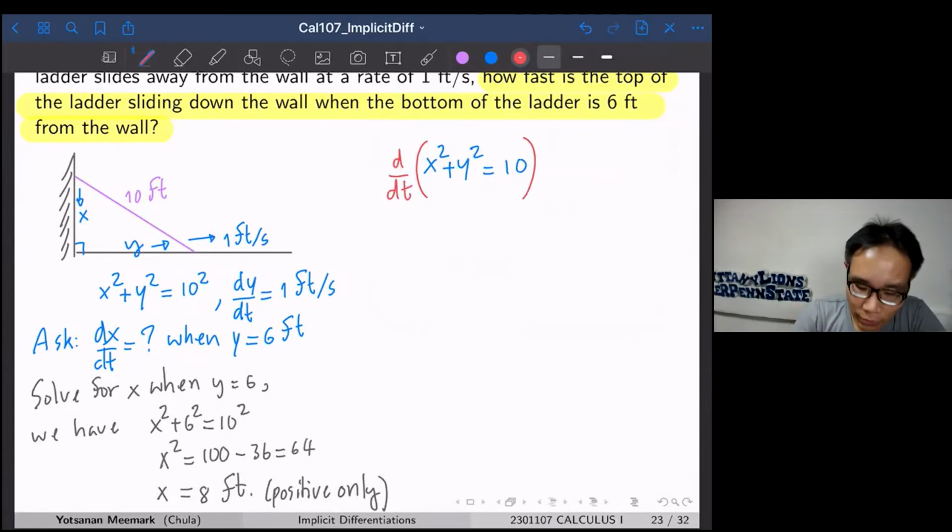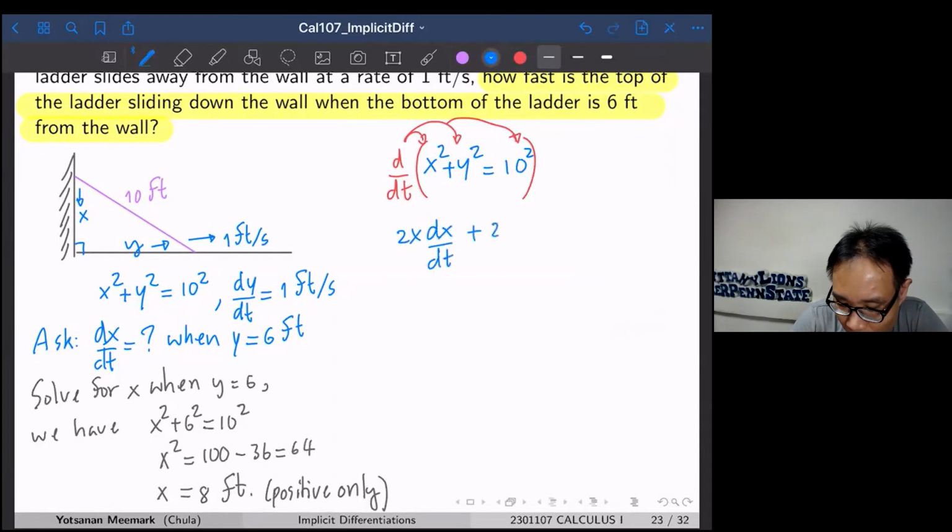So you differentiate term by term. The 10 squared is a constant. You're going to get 2x dx/dt plus 2y dy/dt equal to 0.